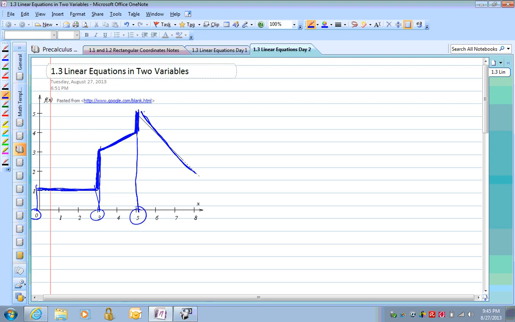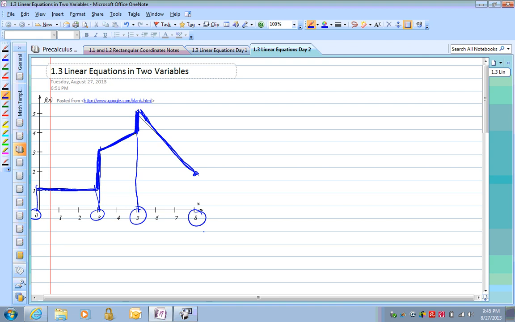Then, of course, again, we have no change. And then our average rate of change is negative over here. Our slope is negative, and that's on the interval from 5, and we're just going to say the graph stops right there at 8. And so if it's the negative slope, it's moving downward. It would be called decreasing on the interval from 5 to 8.